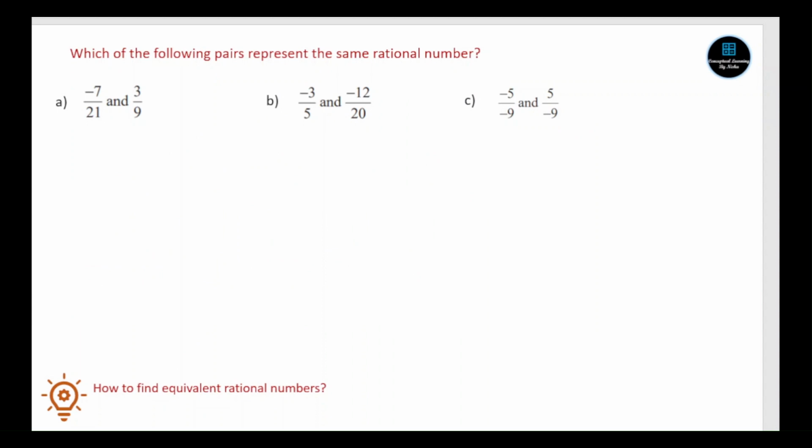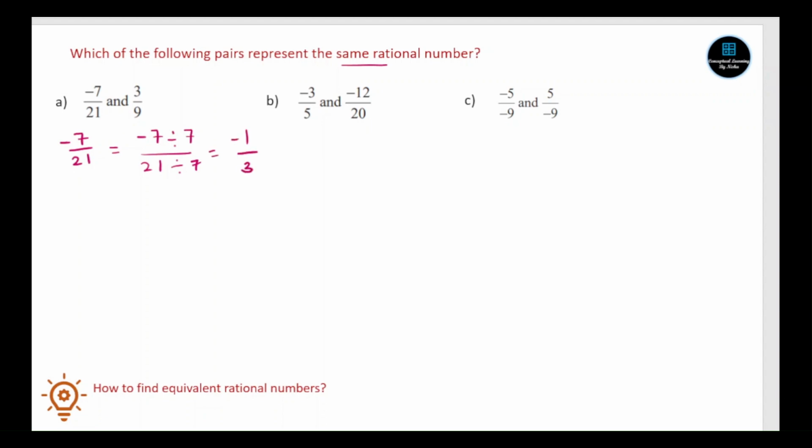Now some questions. Which of the following pairs represent the same rational numbers? Same rational numbers are nothing but equivalent rational numbers. Let's find out. Minus 7 upon 21. What is the HCF? Yes, 7. Dividing minus 7 upon 21 by 7 gives minus 1 upon 3.